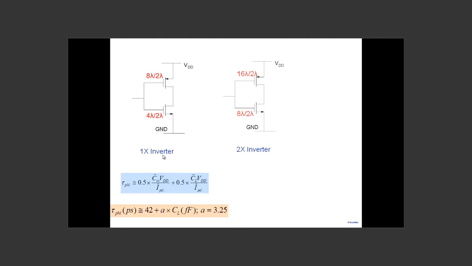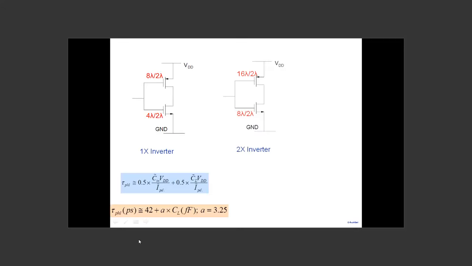Now, of course, size may not actually increase twice. We have seen the size does not scale immediately with this particular one. It may not be exactly twice the size of this particular one. You'll see some numbers in a minute here. But note that as you make this double the size, if I look at the delay of this particular inverter, what we are saying is an approximate value.